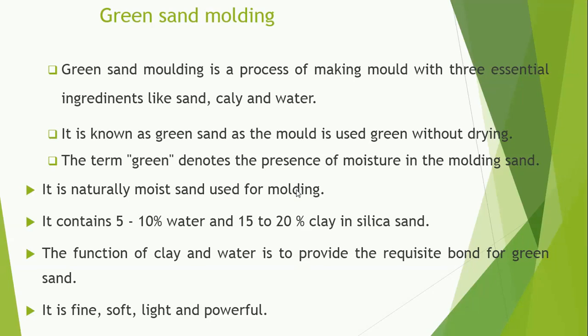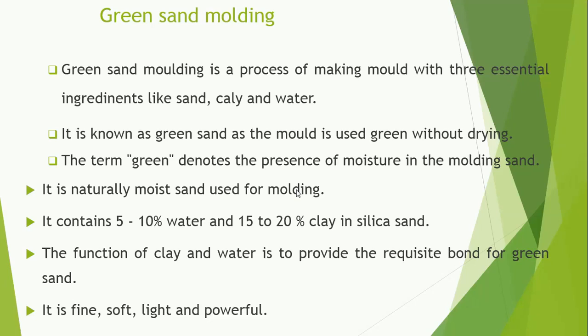The remaining things are additives. If I want to improve the permeability of the molding sand, I have to add wood flour or cereal hulls inside the molding sand. If I have to improve the refractoriness of the molding sand, I have to add coal powder.